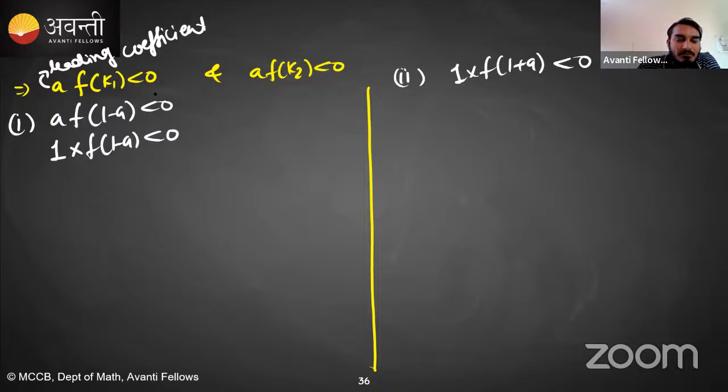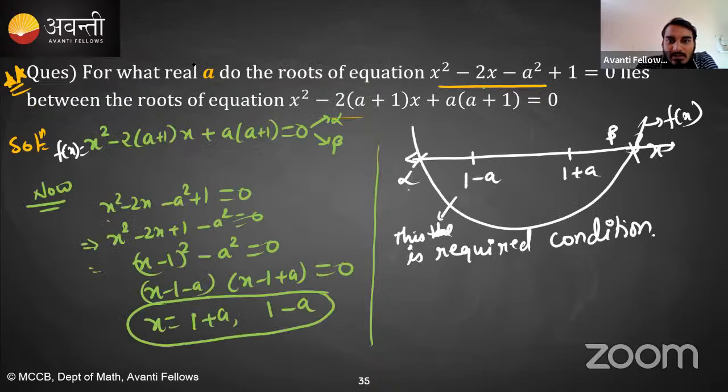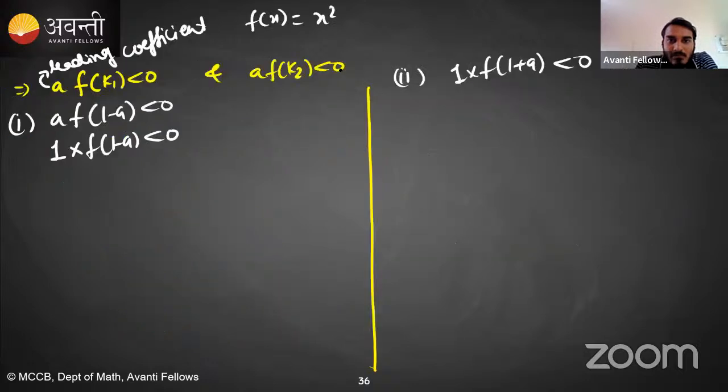What is your f of x? F of x is nothing but x square minus 2 times (a plus 1) into x plus a into (a plus 1) plus a... equal to 0.